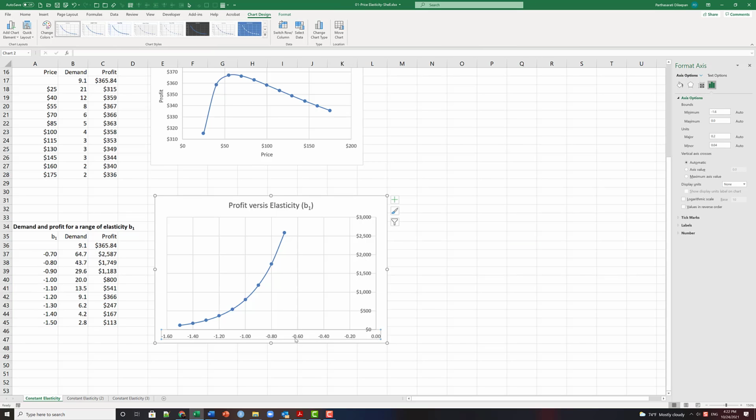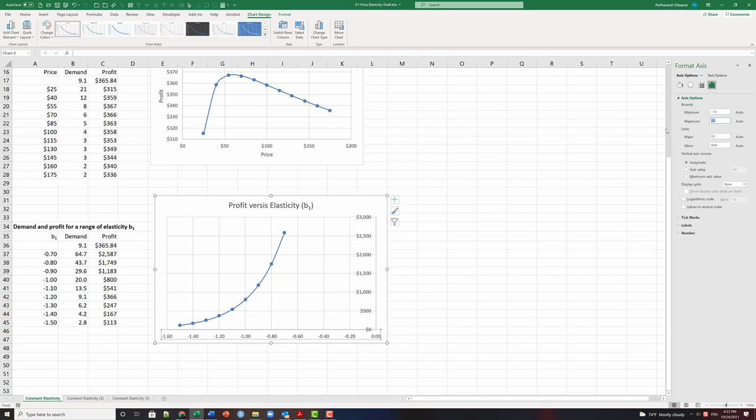So select the x-axis and then do format axis and go here and change so we want minus 1.6 to say 0.6.